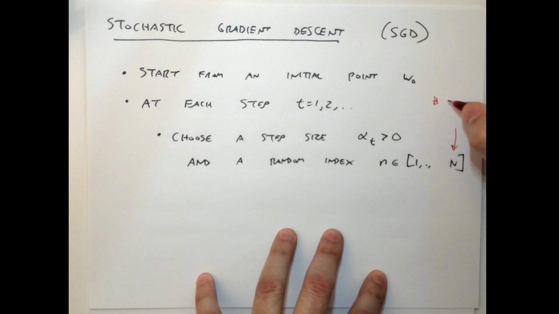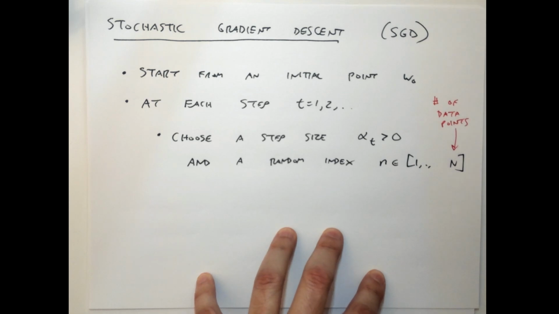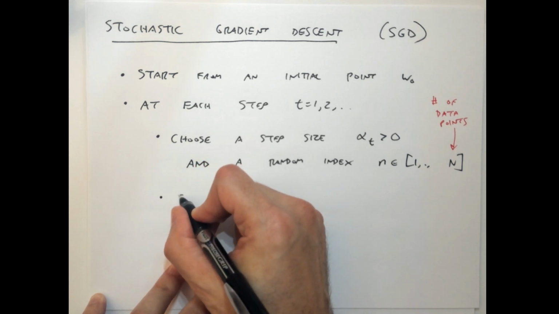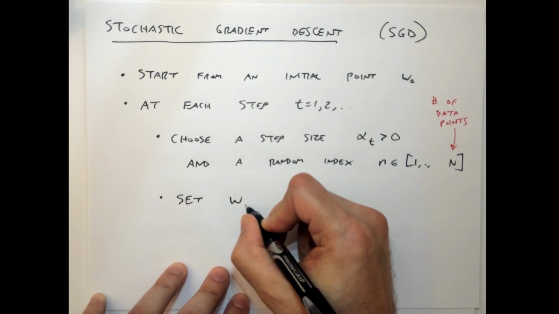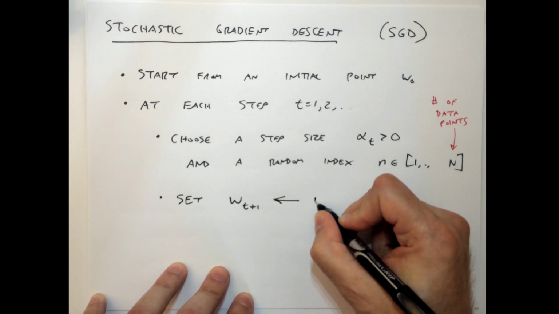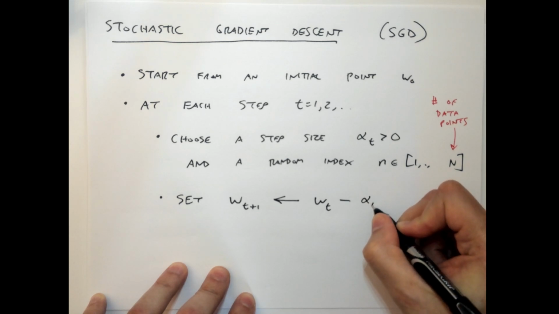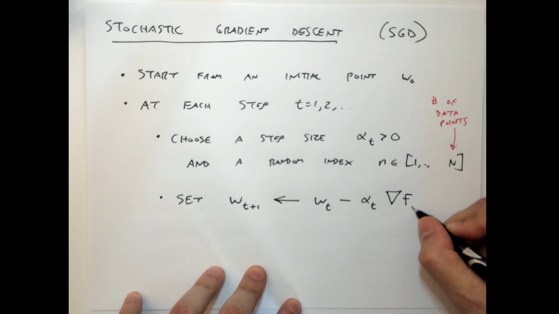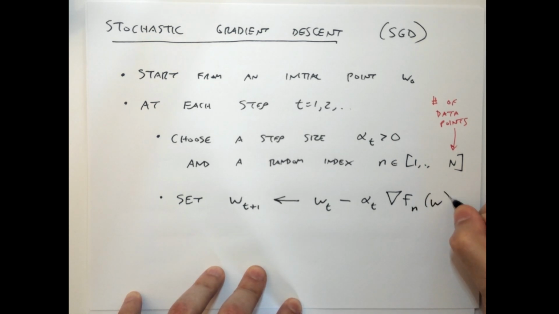So n is the number of data points in my overall sum. And then what I do is I set my next guess for W to be taking a step along just the gradient of function n at W.